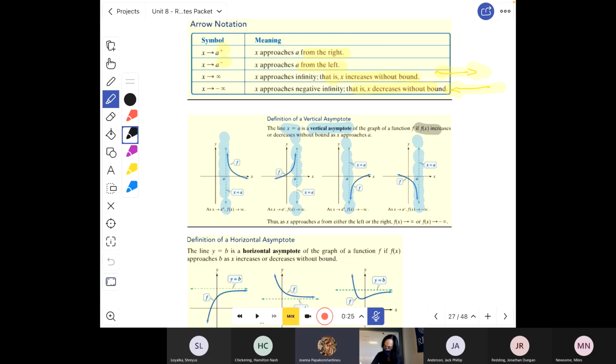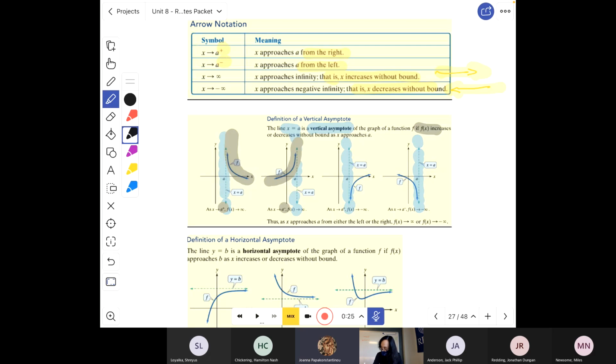So let's take a look. As I approach x from the right side, it goes to positive infinity. This is approaching x equals the asymptote from the left. As I'm coming from the left side, it's going to infinity.